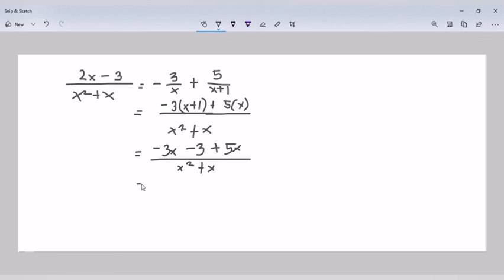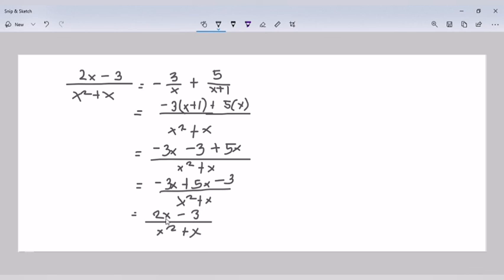And then let us combine like terms, so that would be negative 3x plus 5x minus 3 all over x squared plus x. And then negative 3x plus 5x, that would be 2x. Then copy the constant, which is negative 3, all over x squared plus x.